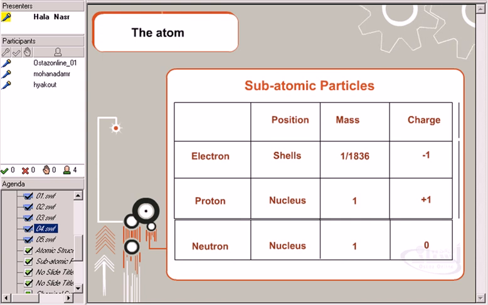Are you able to see the mass here? Who can tell me the mass of the proton from the table here? What's the mass of the proton? Yes, Mohammed? 1. Very good. And what about the neutron, Mr. Yaoud?